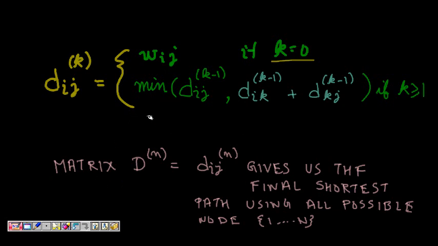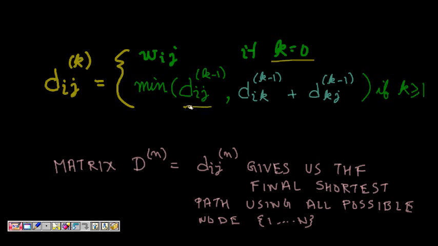But otherwise, what happens if I am to choose from k minus 1 nodes? So this represents Dij k minus 1. It means I have a shortest path from node i to j using only the first k minus 1 nodes, and it's a decision problem.